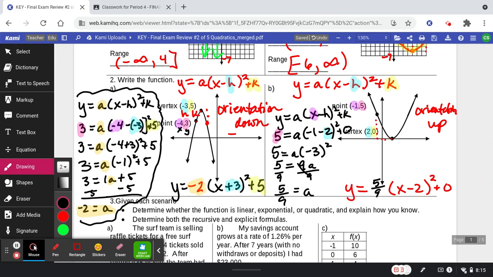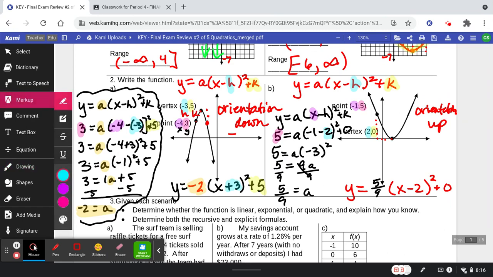So starting at 5, going down 1, 2, 3, 4, 5, and over 1, 2, 3. But when we actually look at this, we notice that it comes out to 5/9. So let me go back in and highlight where I got these things.